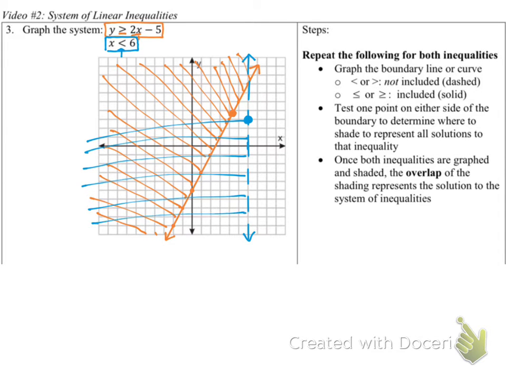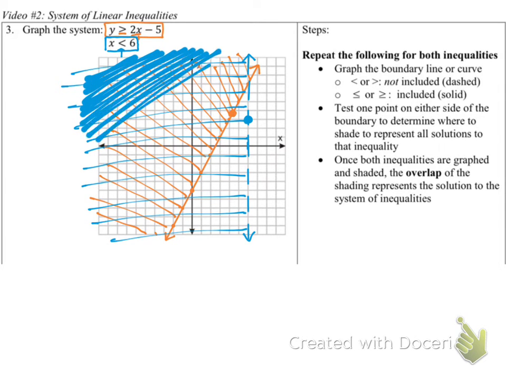Now, what I'm looking for with the system of inequalities is where the shading overlaps. So I'll use my blue pencil and make it a little bit darker. You can actually shade where the orange and the blue overlap each other. So here we go. I've got to be careful over here because I don't want to go past those boundaries.